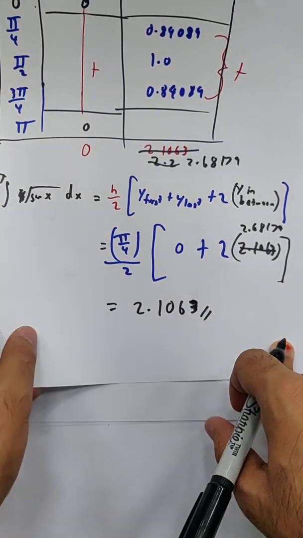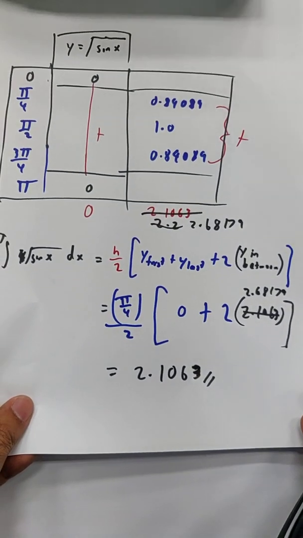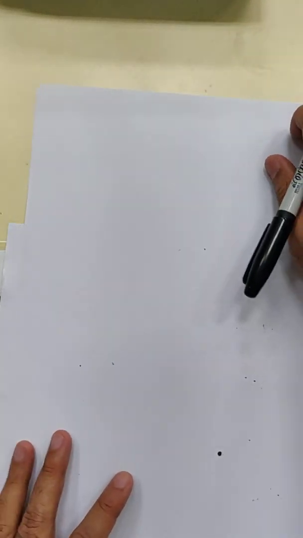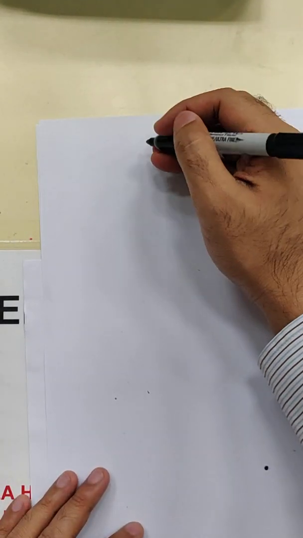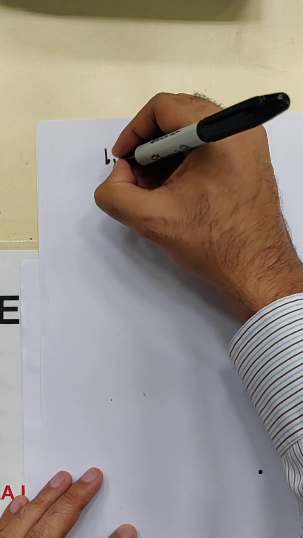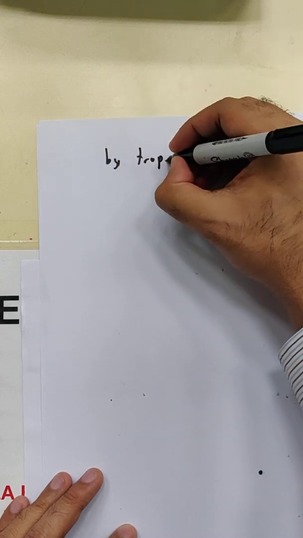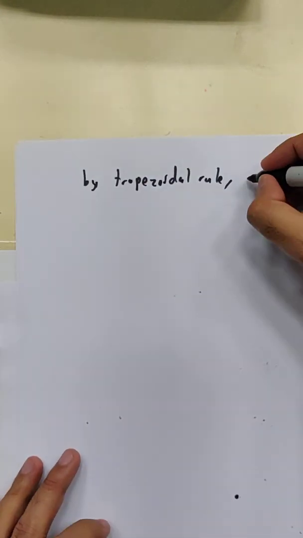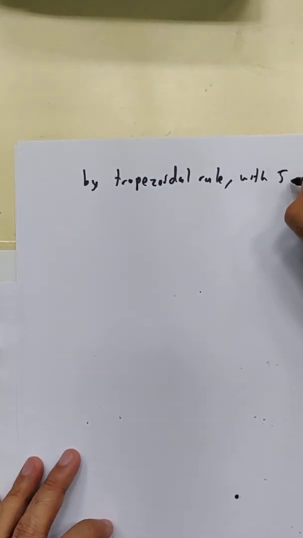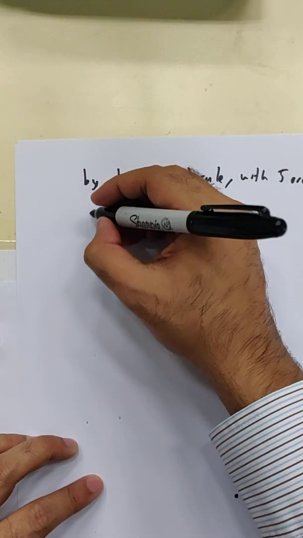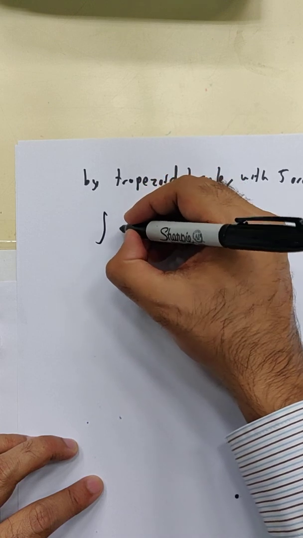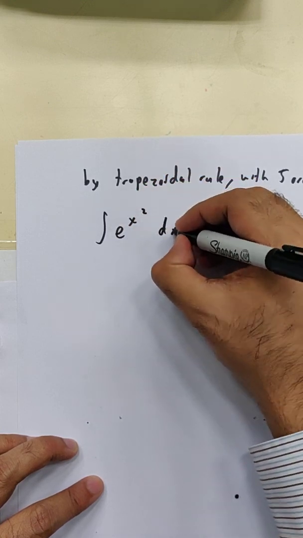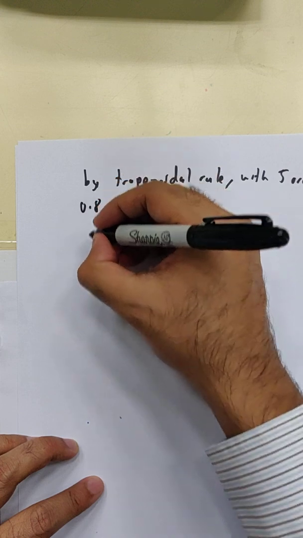Okay, one final question before we end. By trapezoidal rule, with 5 ordinates, calculate the integral of e to the x squared dx from 0 to 0.8.